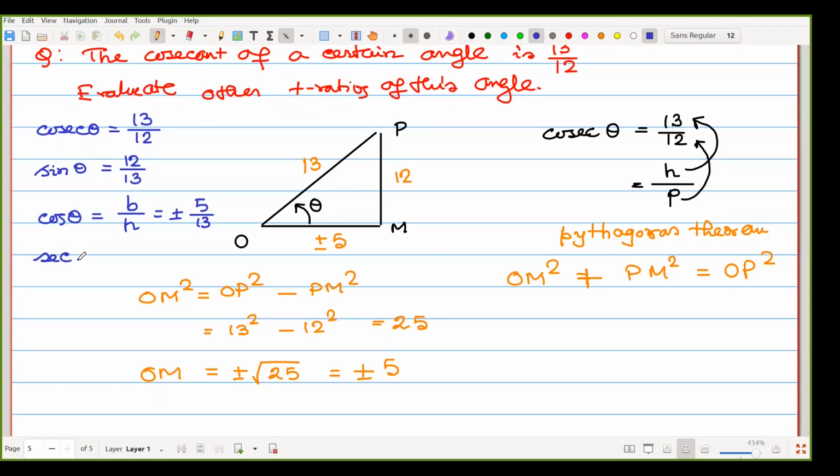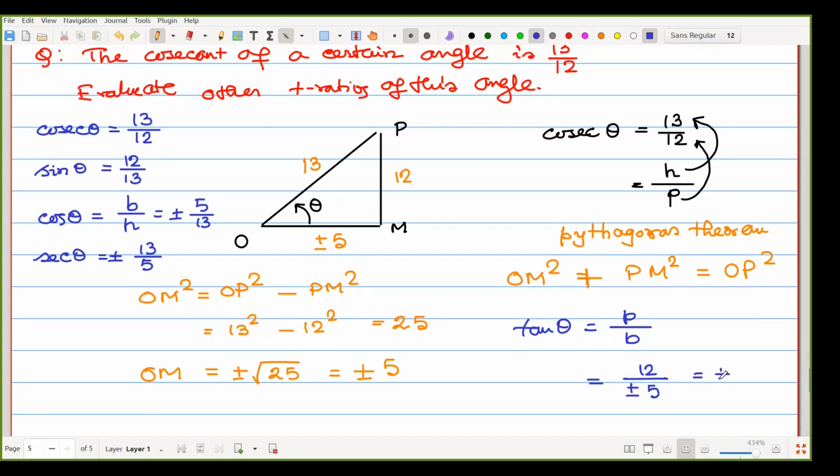And according to that, we have sec theta is equal to plus minus 13 by 5, because that is 1 by cos theta. Then we have tan theta. Tan theta means perpendicular divided by base. So perpendicular is equal to 12, base is equal to plus minus 5.